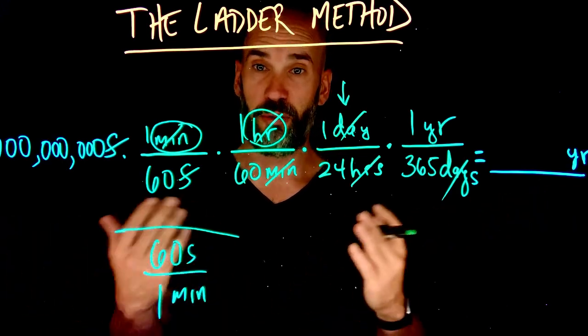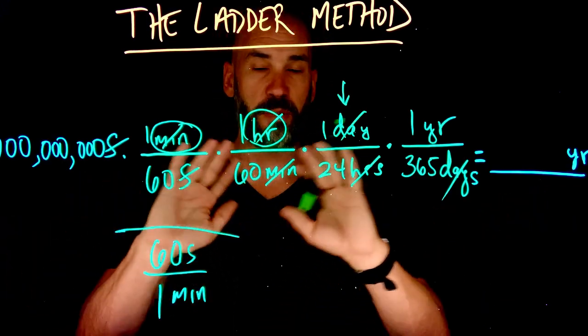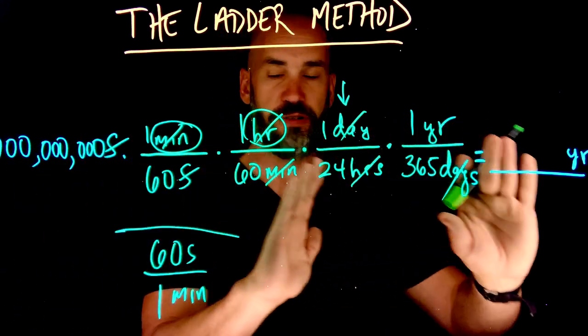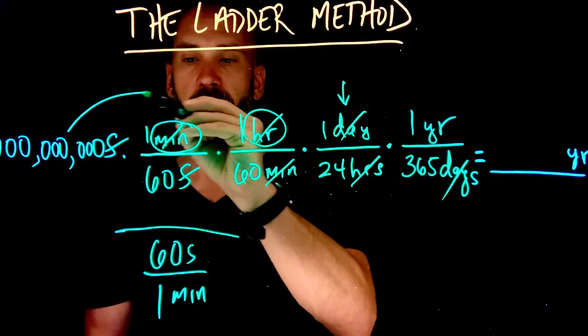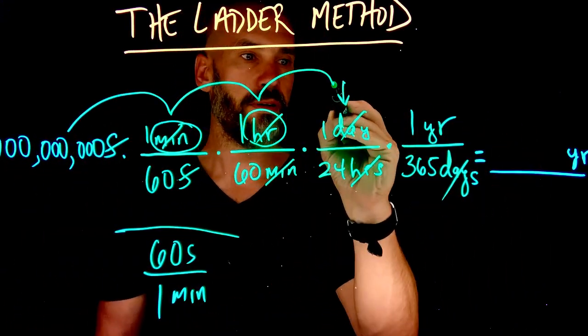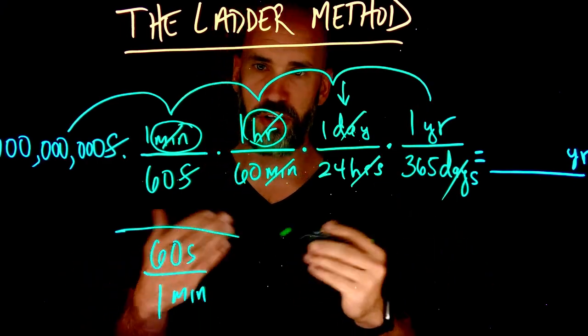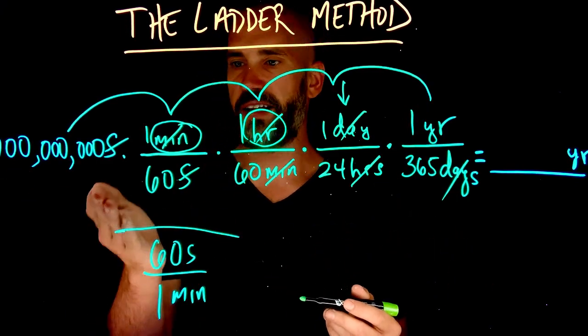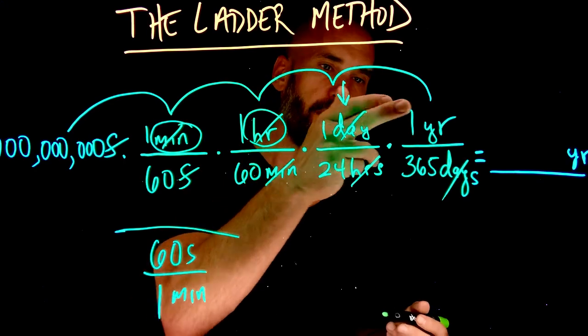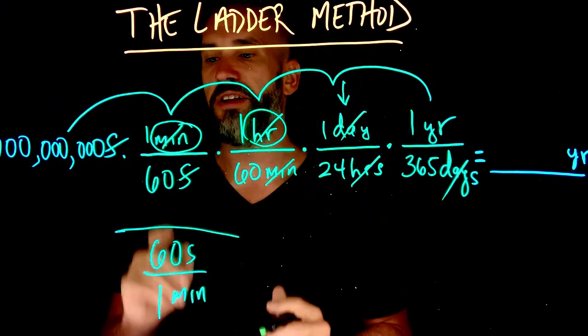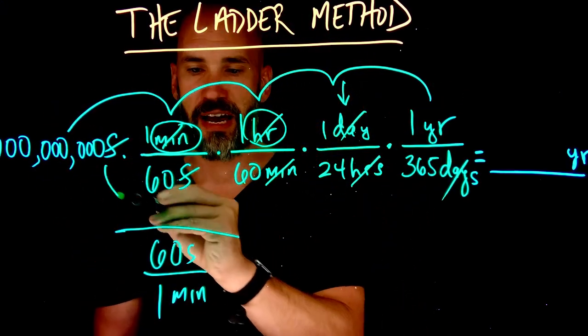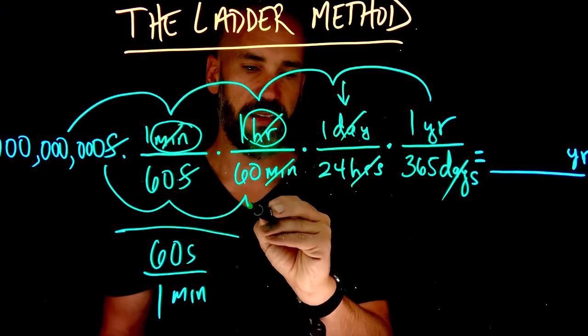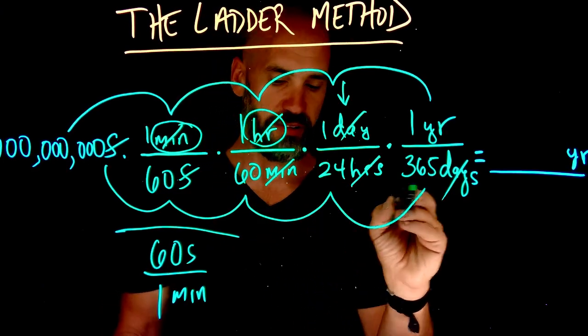How do I get the answer from this? Well, simple as this. Here are all my conversion factors. I want to multiply by everything on the top. In this case, it's pretty trivial. You have a billion seconds times 1 times 1 times 1 times 1. That's just a billion. And then you want to divide by everything in the bottom. So divide by 60, divide by 60, divide by 24, divide by 365.